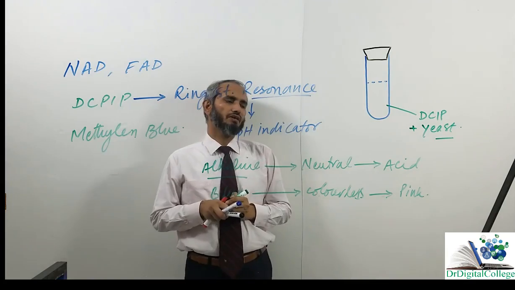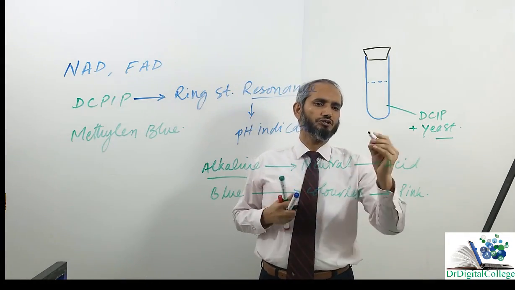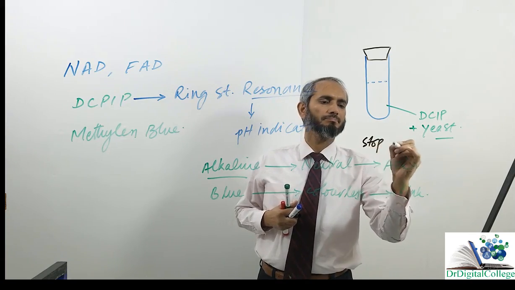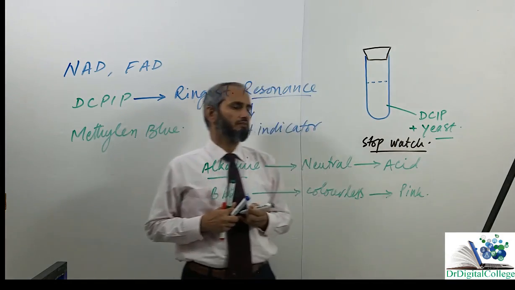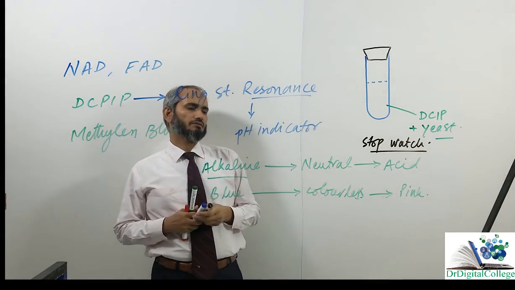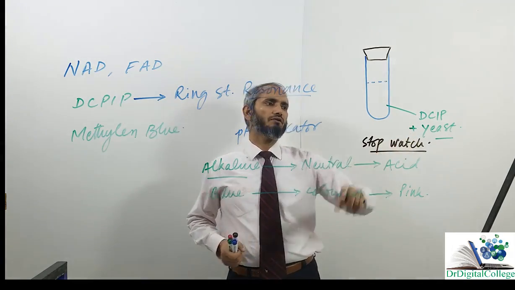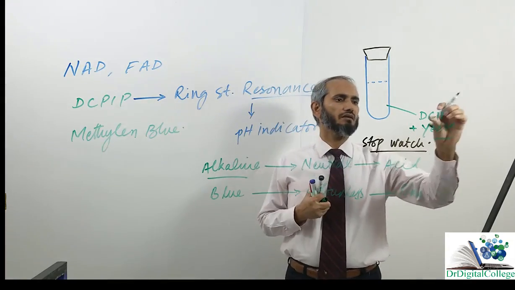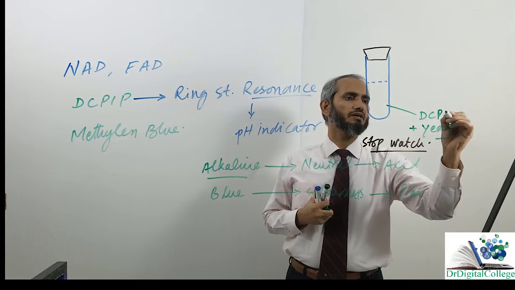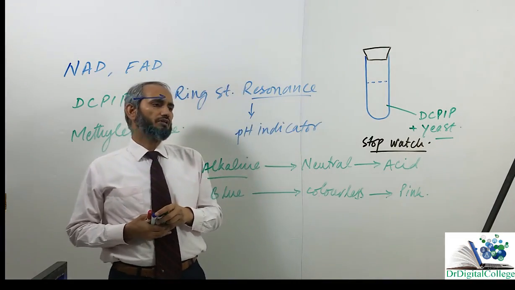We add them and then start a stopwatch, and we measure the time taken for the disappearance of the blue color of DCPIP. That will be the rate of reaction.